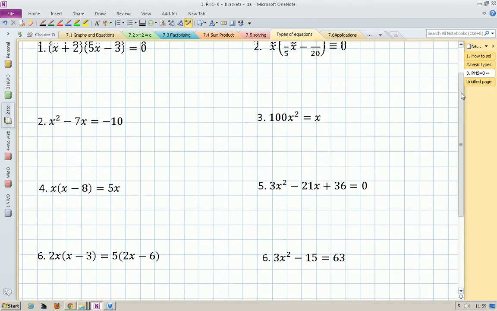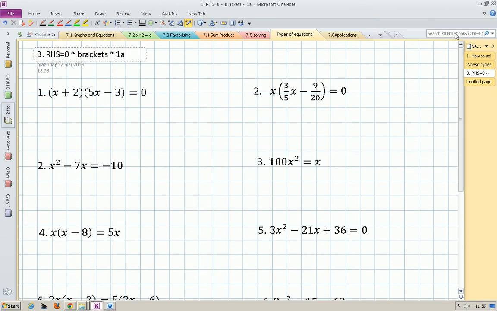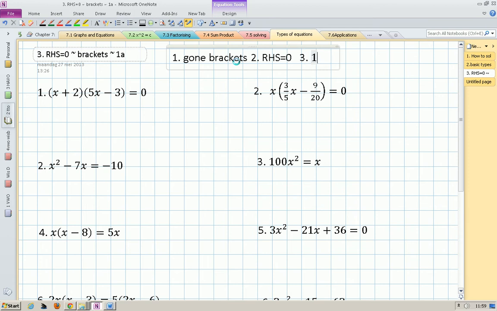So basically, that's what I'm going to go through with these examples here. But let me just put those three steps here again. 1 is gone brackets. 2 is get the right-hand side equal to 0. And 3 is make sure we have a 1 times an x squared.